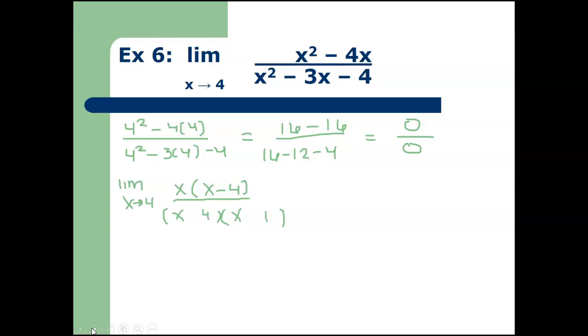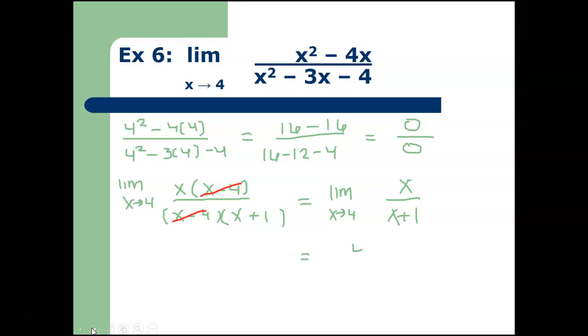Since it's negative, you get negative 4, positive 1. I notice that I have x minus 4 on top and bottom, so they cancel. So this simplifies to x over x plus 1.